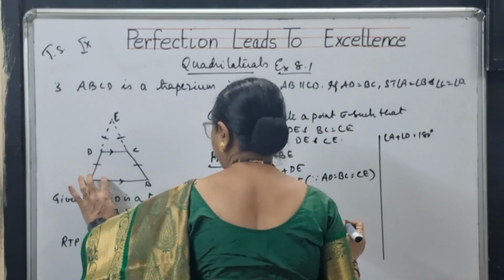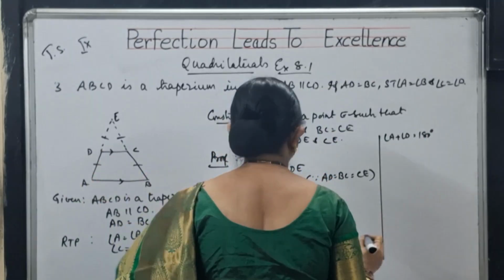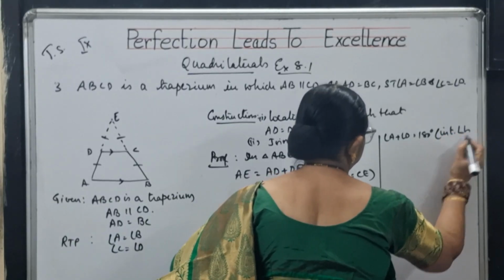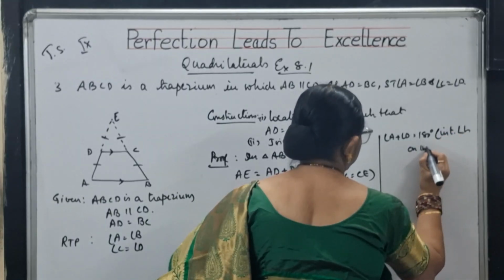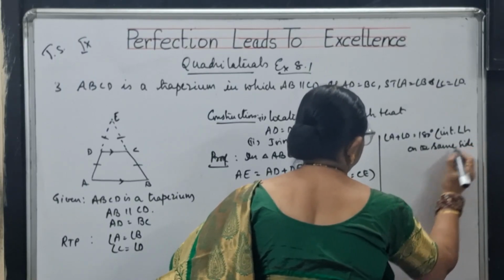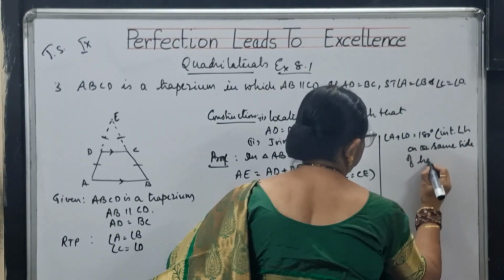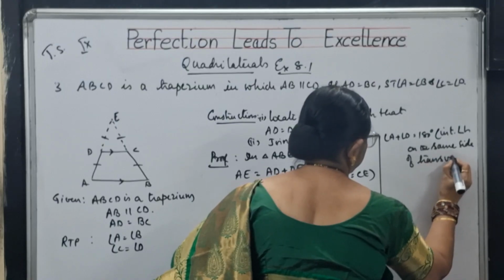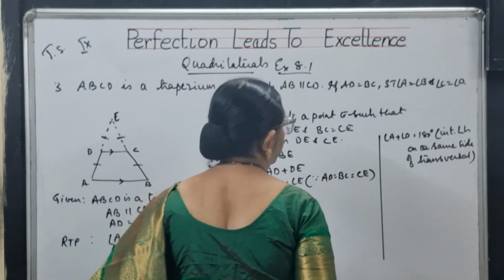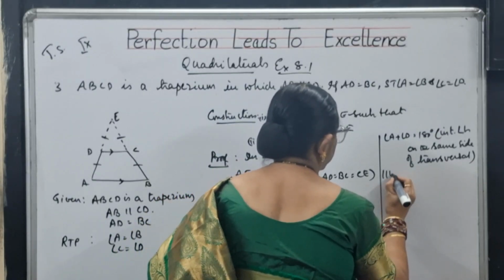Why? These two lines are parallel, so interior angles on the same side of transversal. So angle A plus angle D is 180 degrees.